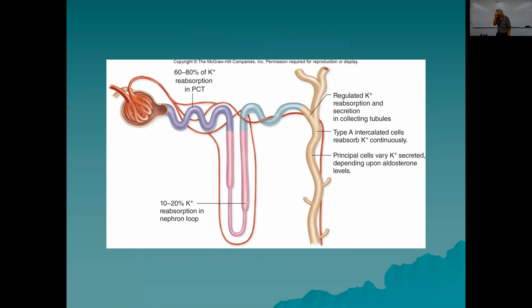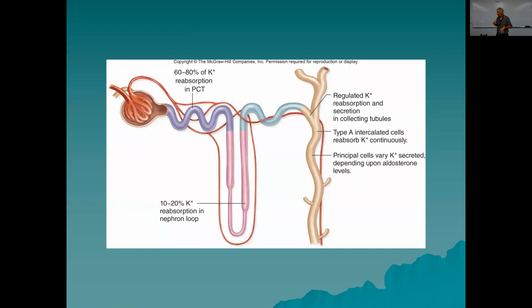That's actually active transport in the ascending nephron loop, then regulate K reabsorption and secretion in collecting ducts. So type A intercalated cells continuously absorb K. The principal cells vary the K secreted depending upon the aldosterone levels. If there's very little aldosterone, you'll be absorbing lots of potassium.